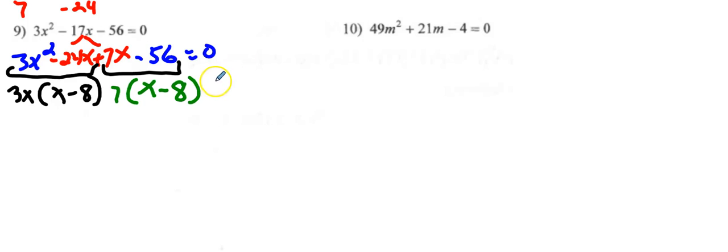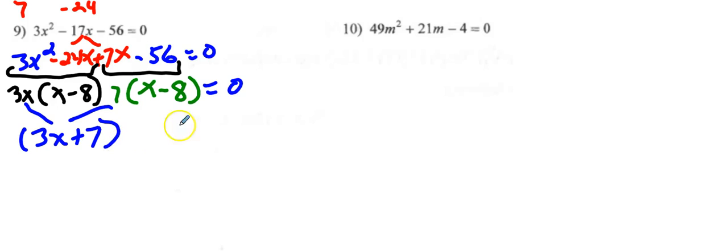All of that is still equal to 0. Now we can recombine the 3x and the 7, so that becomes 3x plus 7. And then the x minus 8's come down as 1. So now we've factored, and we just have to solve for each of those.